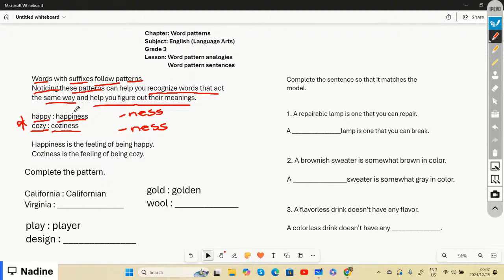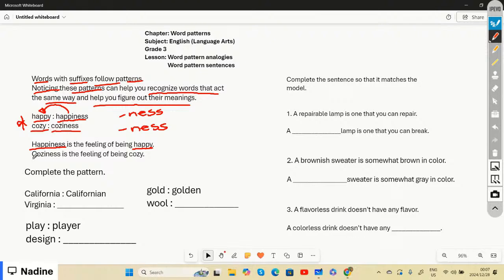So if we look at happiness, we added the suffix to that word. Happiness is basically the feeling of being happy. And all we did was add the suffix ness to the word happy, the same as we added the suffix ness to cozy.